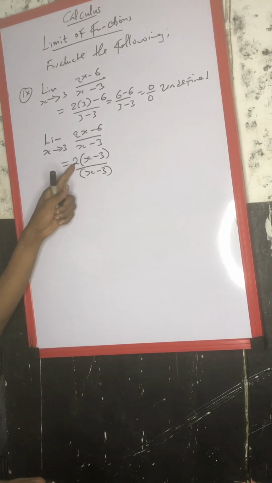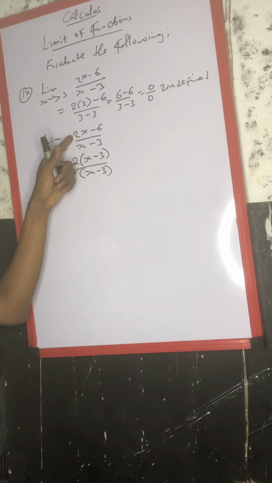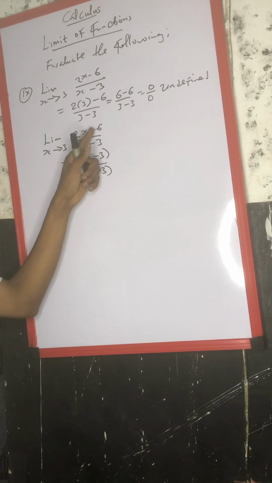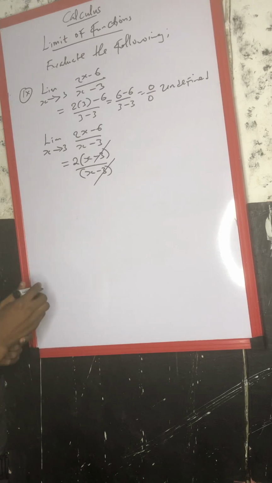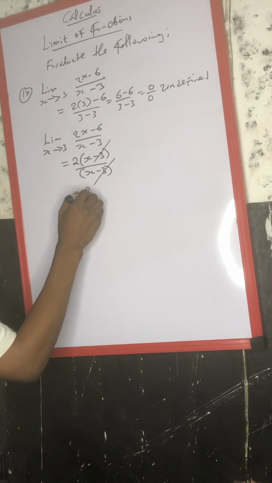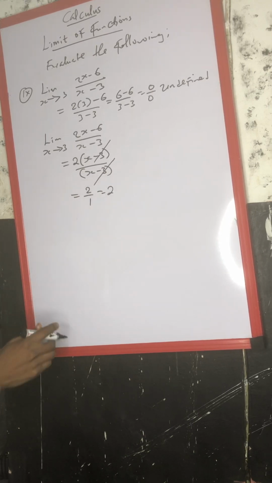If you open this up, 2 times s gives us 2s, and 2 times minus 3 gives us minus 6. So what happened here? This can cancel out this, and we'll be left with 2 over 1, which gives us 2. So that is our answer.